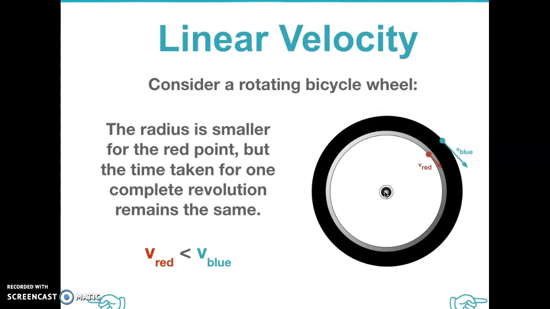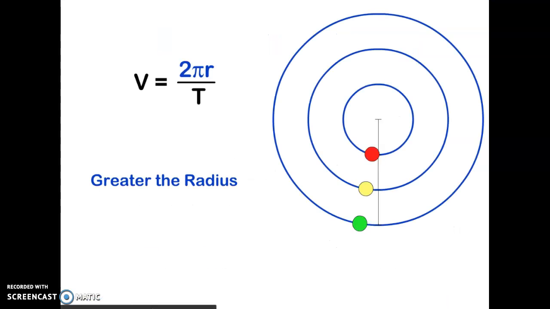If you look at this example, the blue arrow represents an object that needs to travel a much bigger distance than the object the red dot represents. So therefore, this object will have a much higher velocity. You can see how that's represented here.